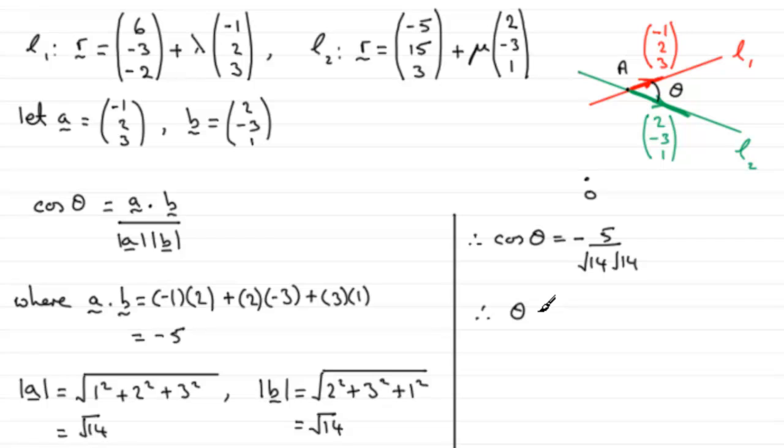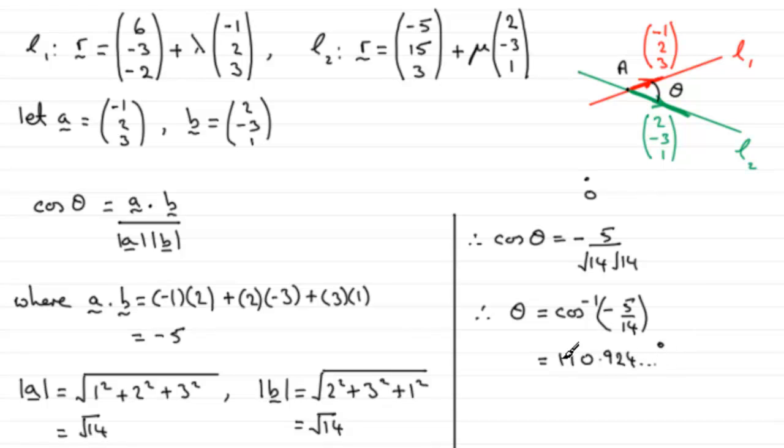So to get theta, it's just going to be the inverse cos of -5/14. Now if you make sure your calculator's in degrees mode, just inverse cos that value, and you should find that you get 110.924 and so on degrees.